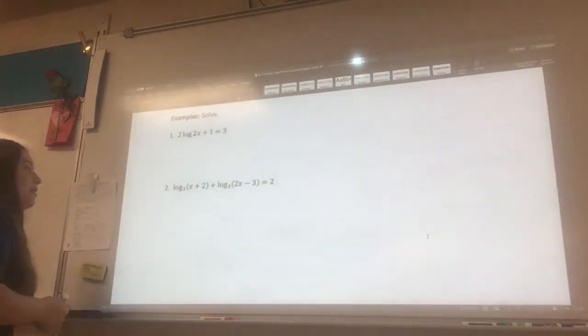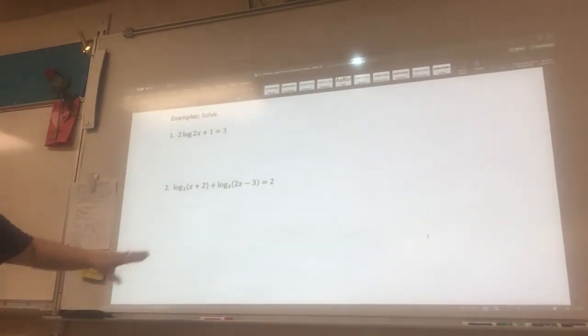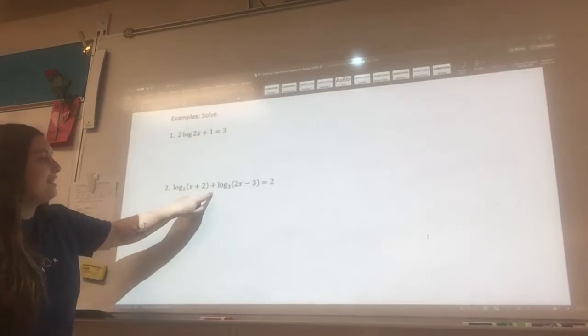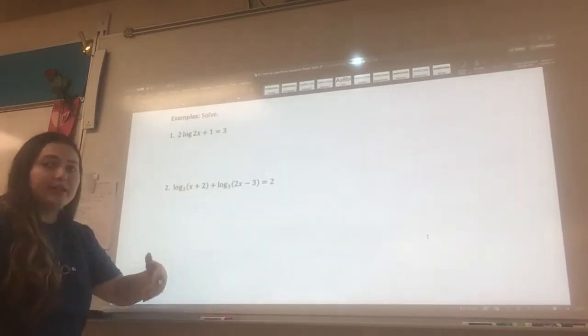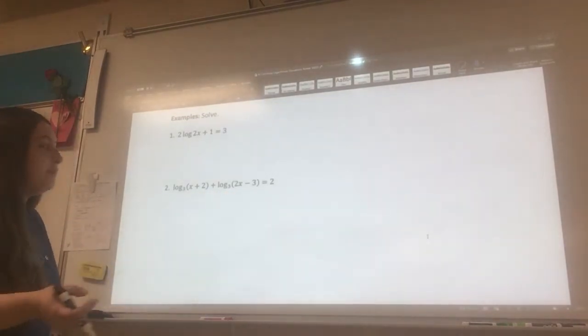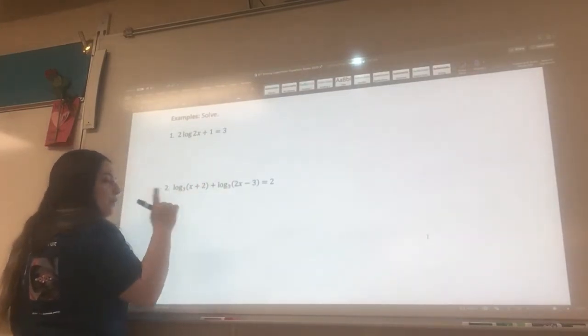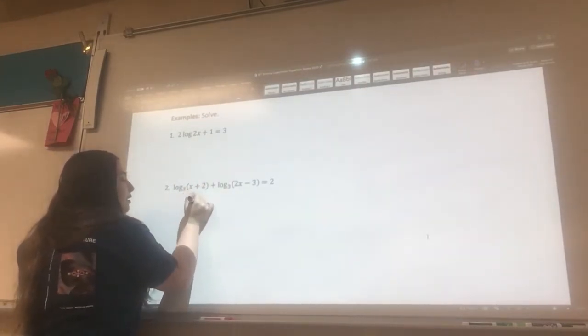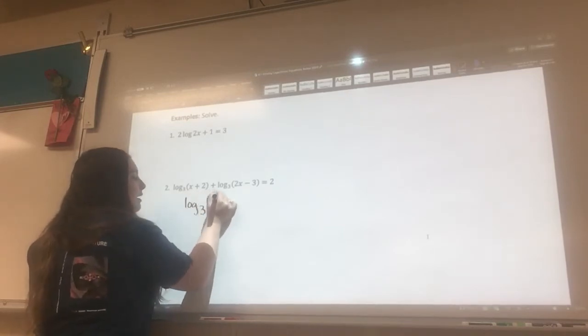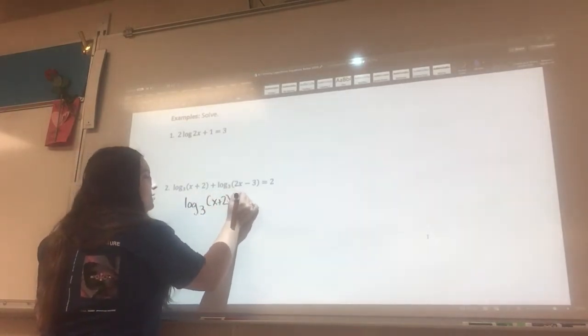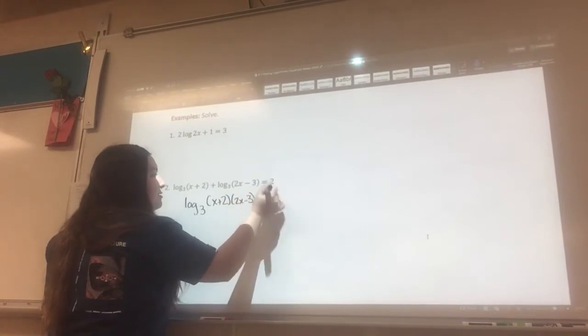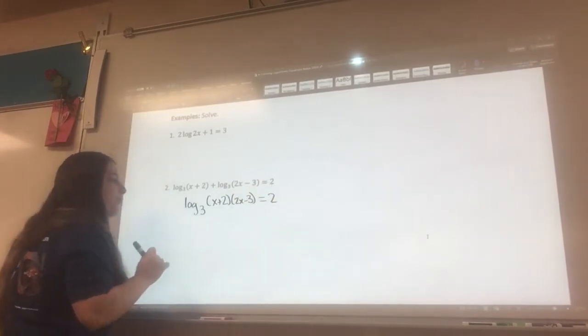All right. So for number 2, I have log base 3 of x plus 2 plus log base 3 of 2x minus 3, equal to 2. So this is where our properties come in. This plus says I need to multiply these, make it one log. So we're going to get log base 3 of x plus 2 times 2x minus 3, still all equal to 2.